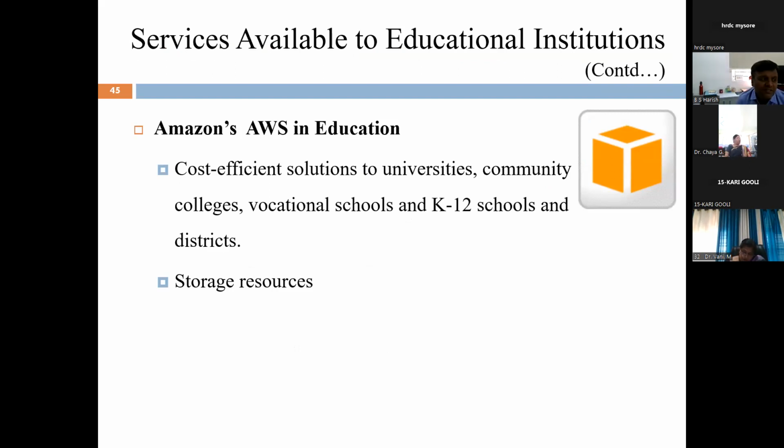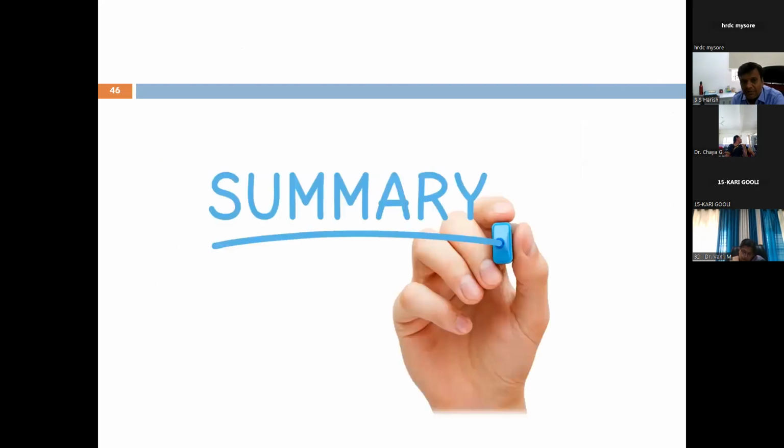These are some of the services offered by the three giants: Microsoft, Google, and Amazon. They are the three major contributors to implementing and exploring the various cloud services that are offered.